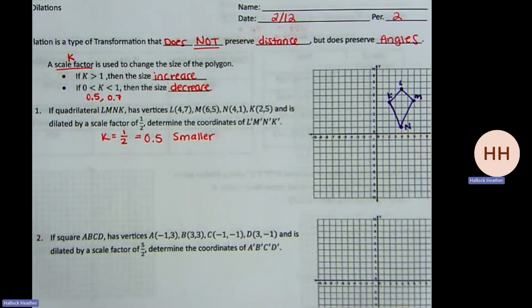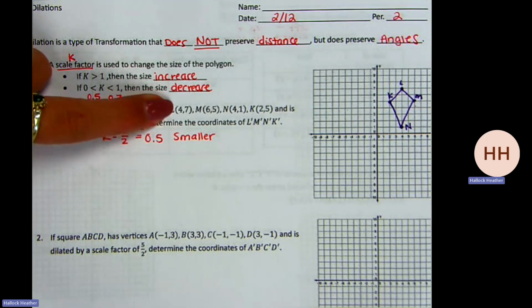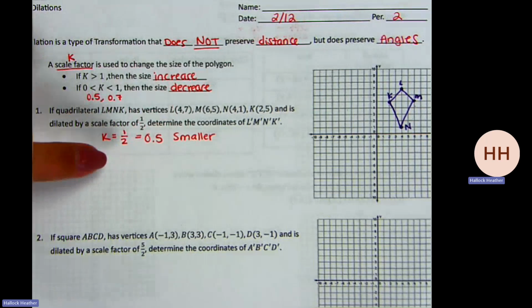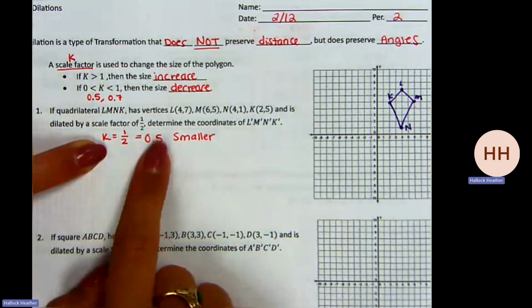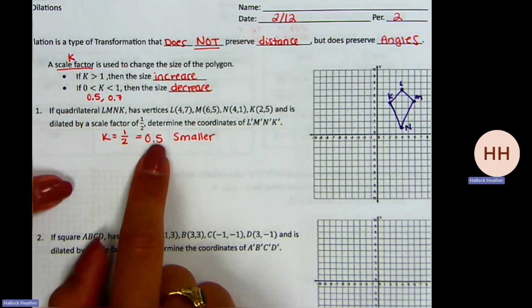Now we need to figure out where it's going to be if it's shrinking in size because my scale factor is 0.5. So to actually figure out the coordinate points, I'm going to take my original coordinate points and multiply by my scale factor. So I'm going to multiply by 1/2, which is technically 0.5, which is really just dividing by 2.